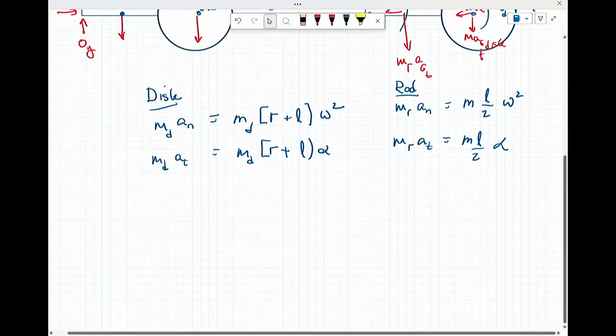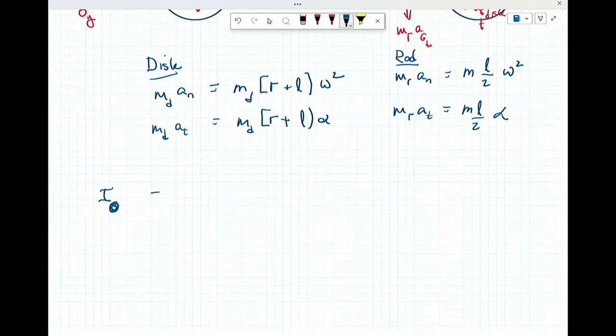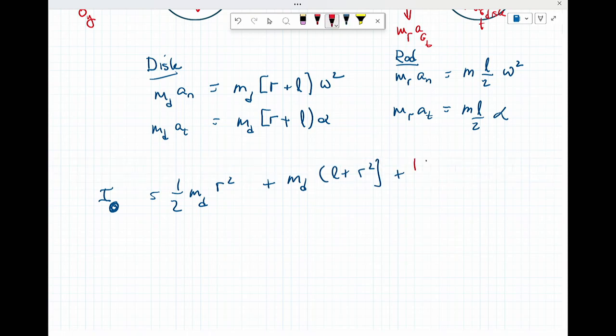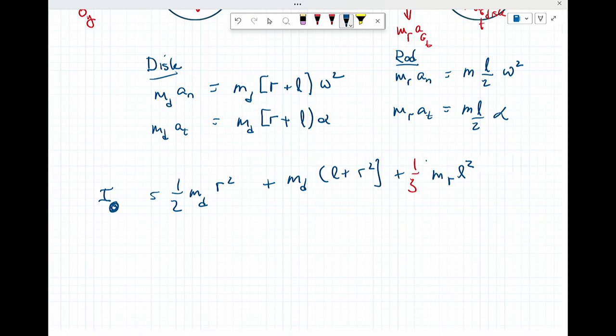So if I do that, I_G, or I_O rather, is 1/2 mass of the disk times r squared plus mass of the disk times (L plus r) squared plus 1/3 mass of the rod times L squared.